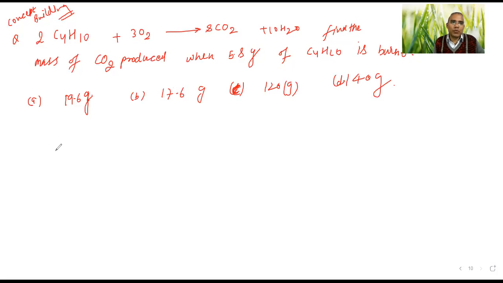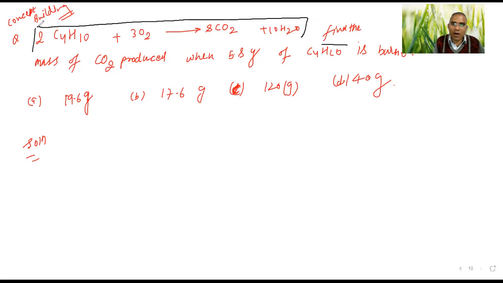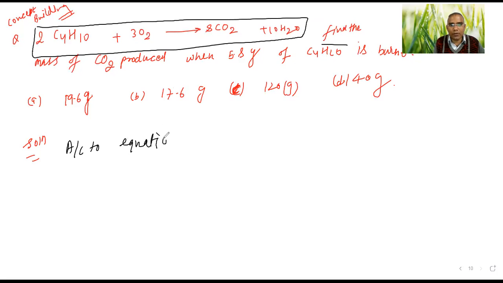So how can you do the solution? First of all, according to the equation, 2 mole C4H10 gives how many moles of CO2? It gives 8 moles CO2.